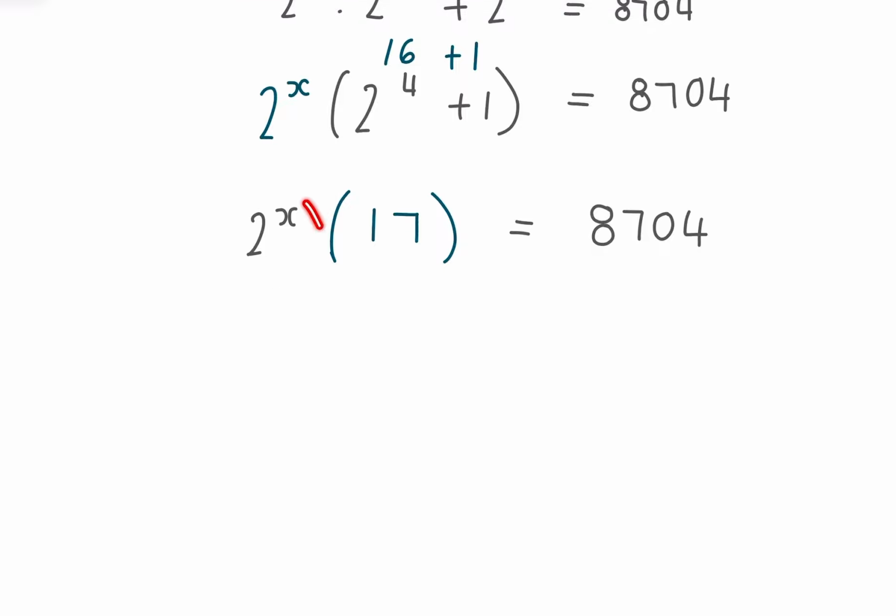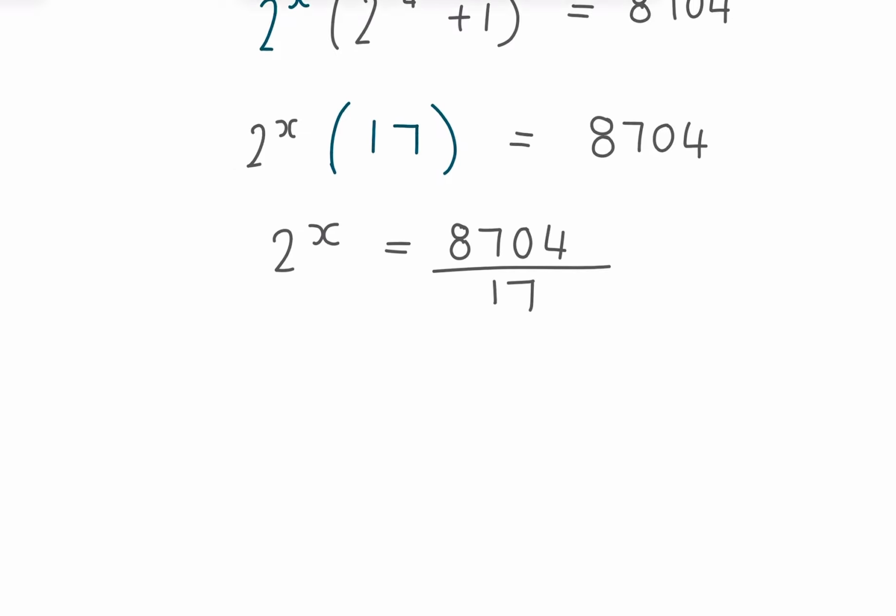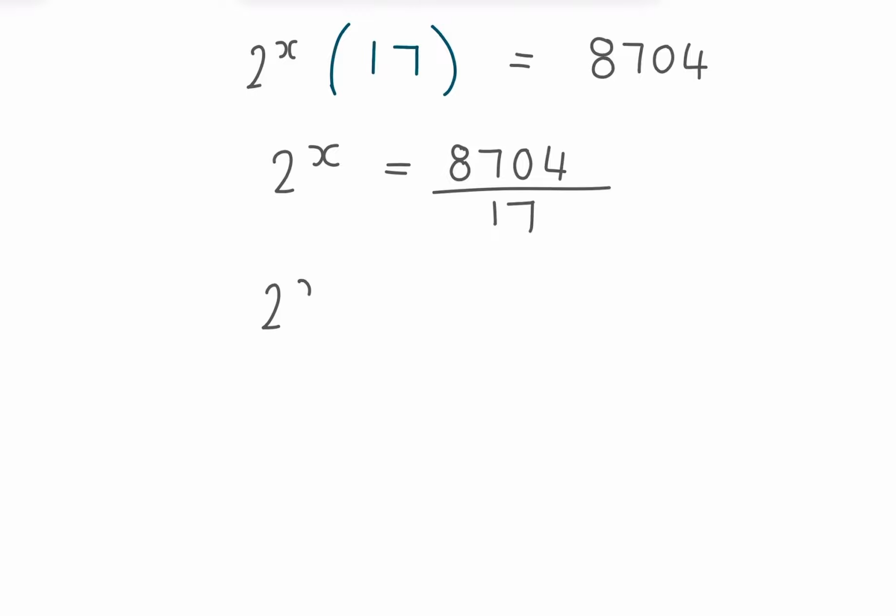Now, if I was previously multiplying, the way that I can remove this 17 in order to get the 2^x alone is I need to divide both sides by 17, meaning that I'm going to have 2^x is equal to 8,704 divided by 17.